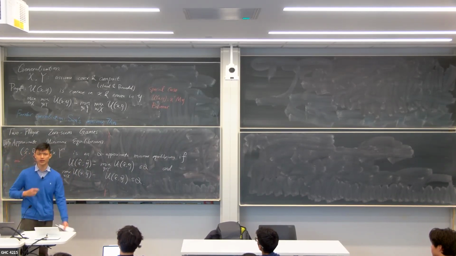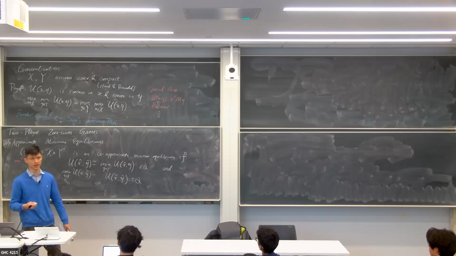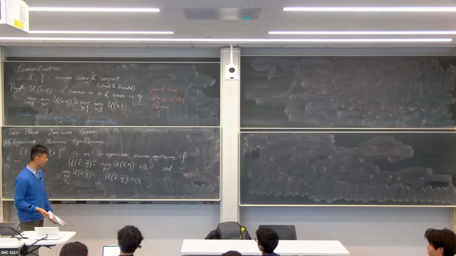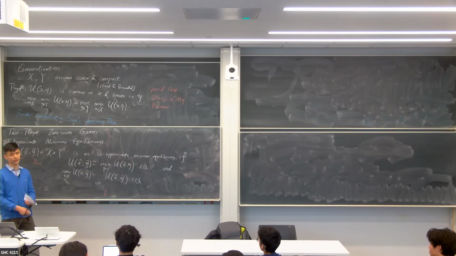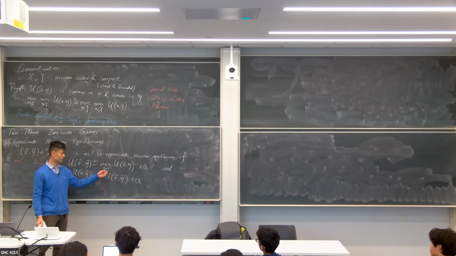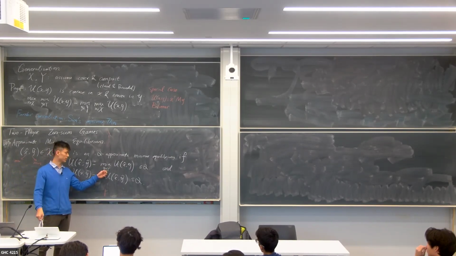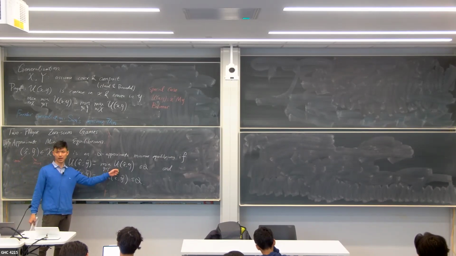So you and I engage in the game by playing x hat, y hat. Now you look at it and say, maybe I could do a little better by switching to some other strategy. In particular, one strategy you could switch to is the best response, looking at your strategy x hat and trying to minimize the money I pay.